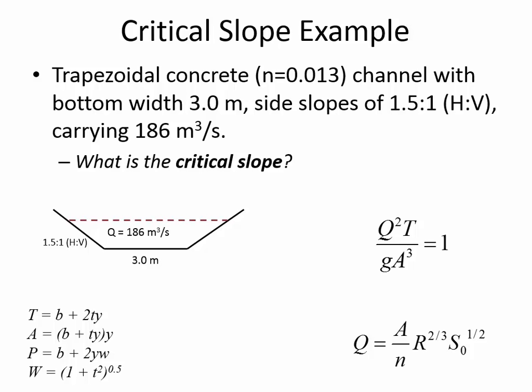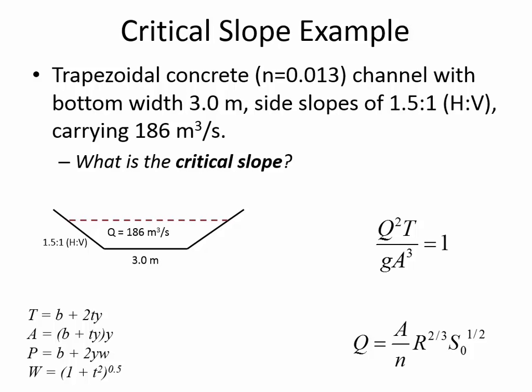Likewise, we can calculate the cross-sectional area when the flow is going at the critical depth. 3 plus 1.5 times y, which is 4.121, which is the flow depth, times 4.121 gives us the cross-sectional area is 37.837 meters squared.